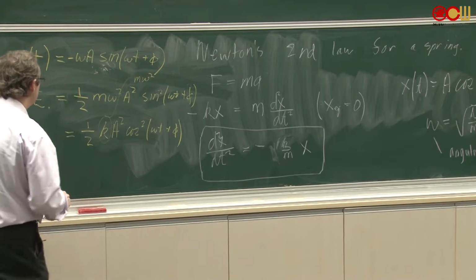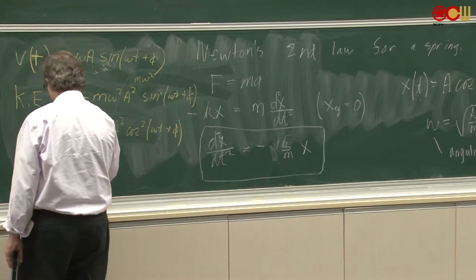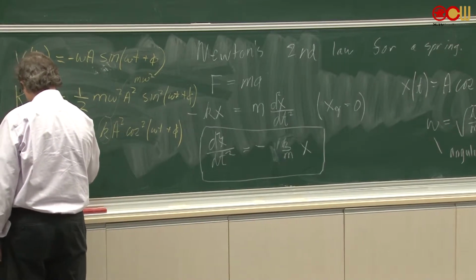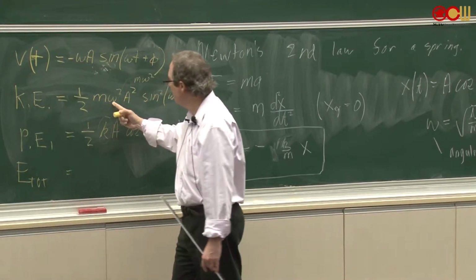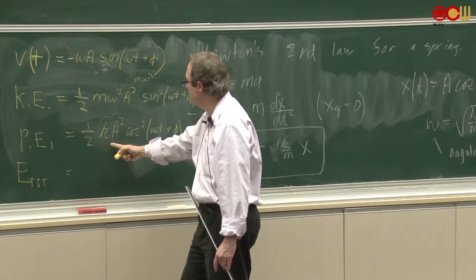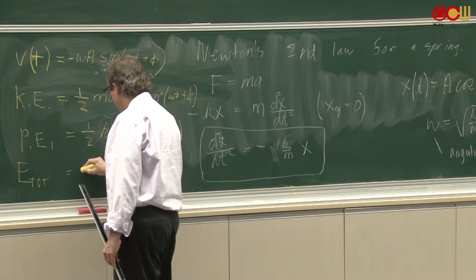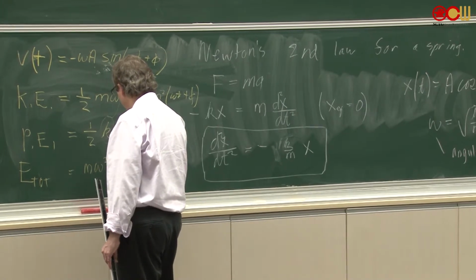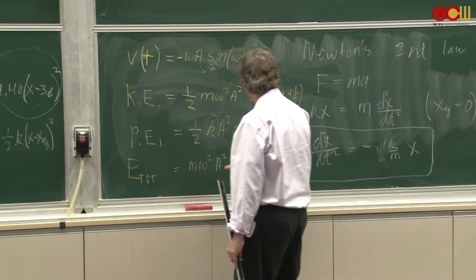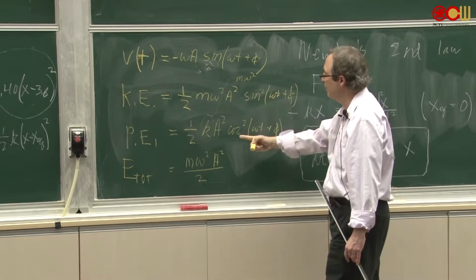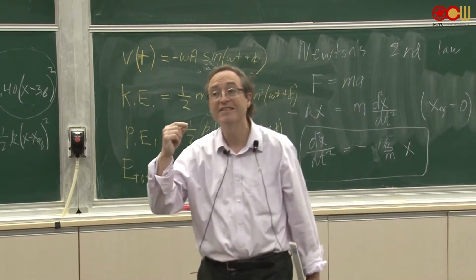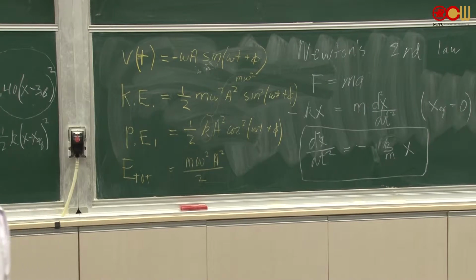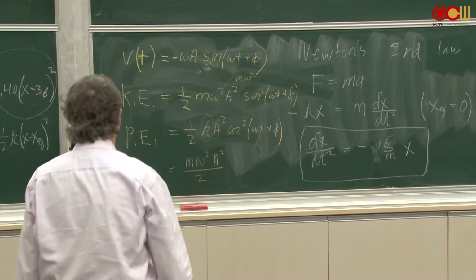If I do that, I can add them up, and I get the total energy. I get a half here, and another half of the same thing there. So I get m omega squared, A squared, and then I get times sine squared plus cosine squared. But what's sine squared plus cosine squared? 1. So this is the total energy.